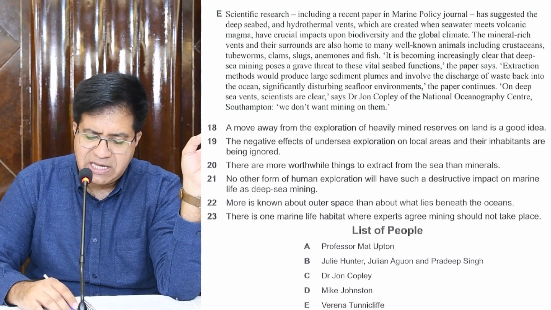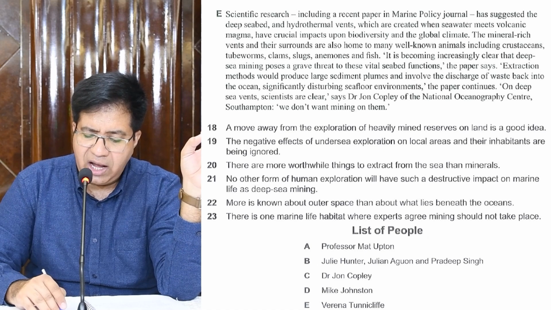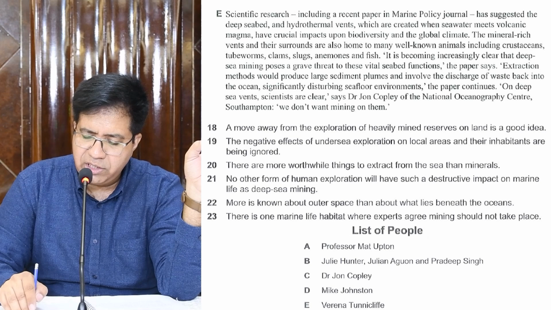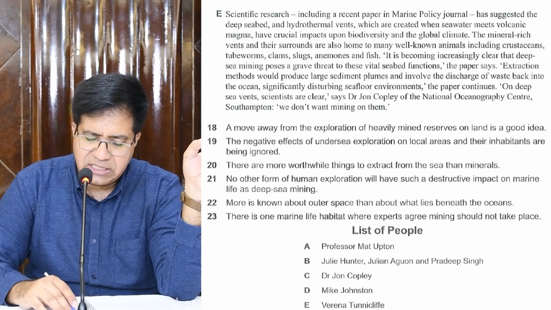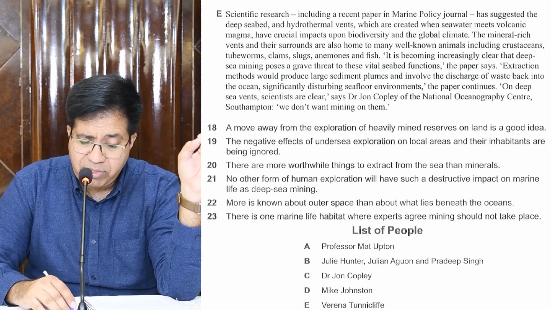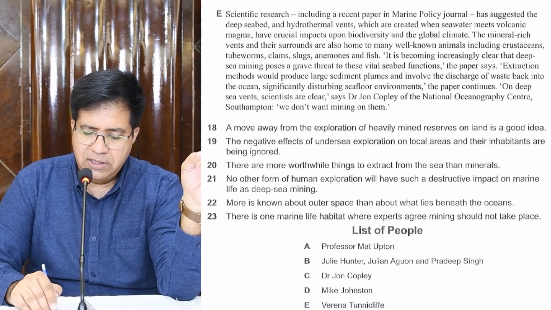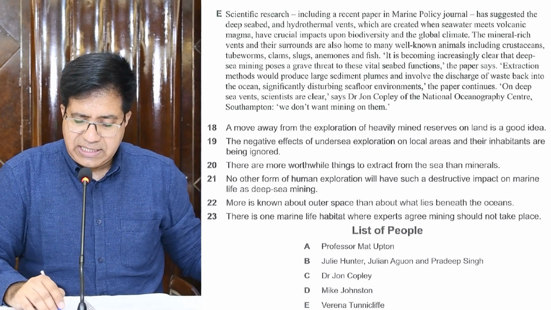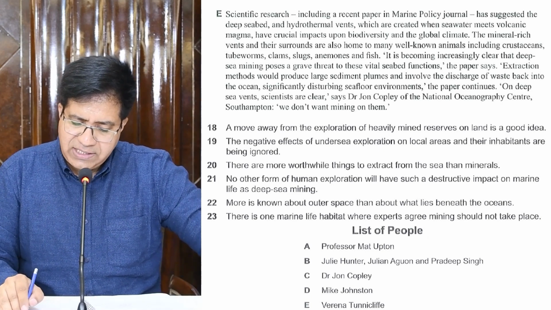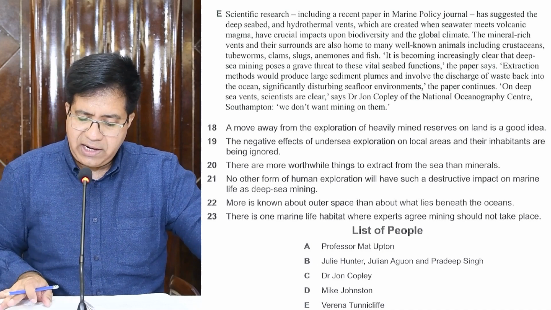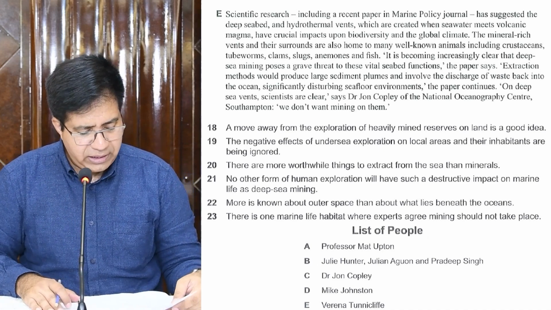On deep sea vents, scientists are clear, says Dr. John Copley of the National Oceanography Center, Southampton. We don't want mining on them. Right? What does he say? He says we don't want mining on them. And second, on deep sea vents, scientists are clear. Like we are clear and we don't want mining on them.